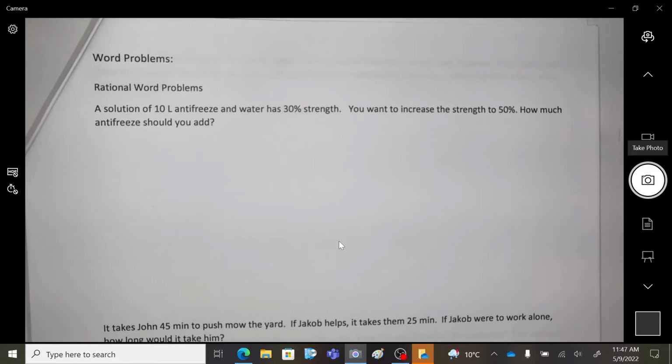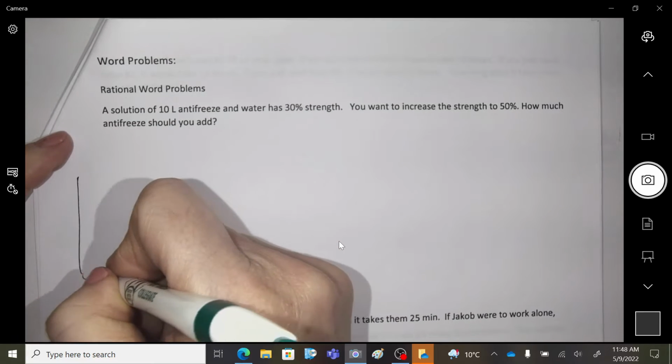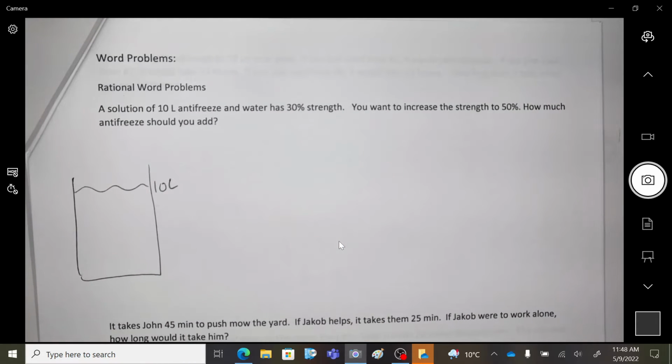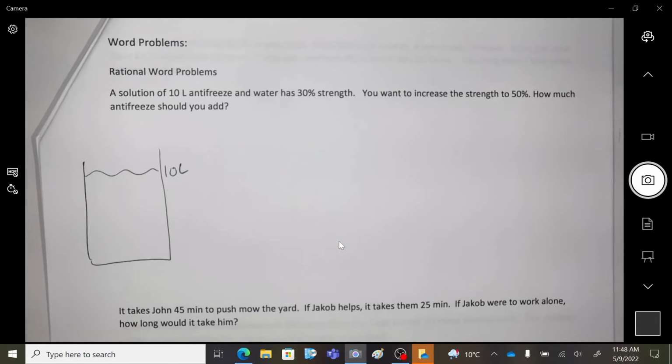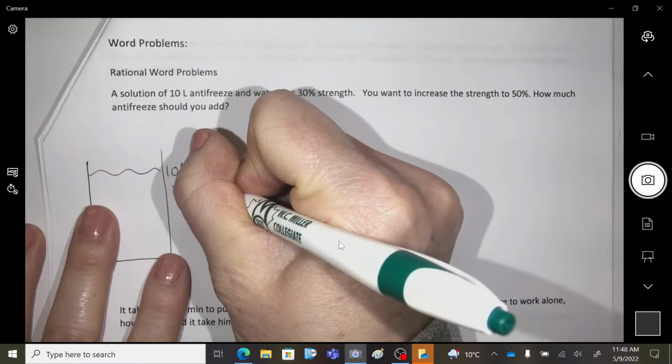Okay, 4 word problems. The first one is one of the chemical questions. So we already start with a solution. A 10-liter solution is already 30% strong.